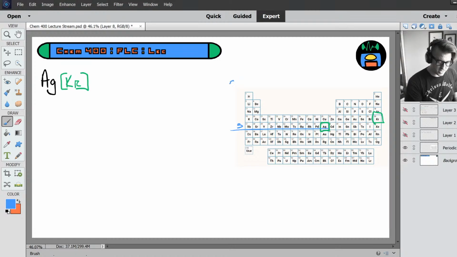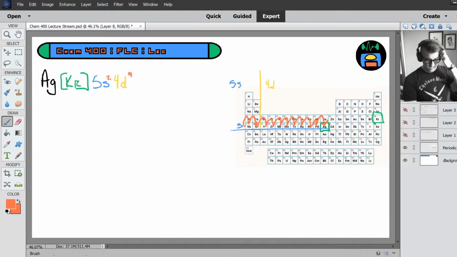All right, so we're dealing with the 5th period, which means we'll have electrons in the 5s, and we'll be crossing over into the 4d. So we move 1, 2 spaces through the S block, and then we move 1, 2, 3, 4, 5, 6, 7, 8, 9 spaces into the D block.